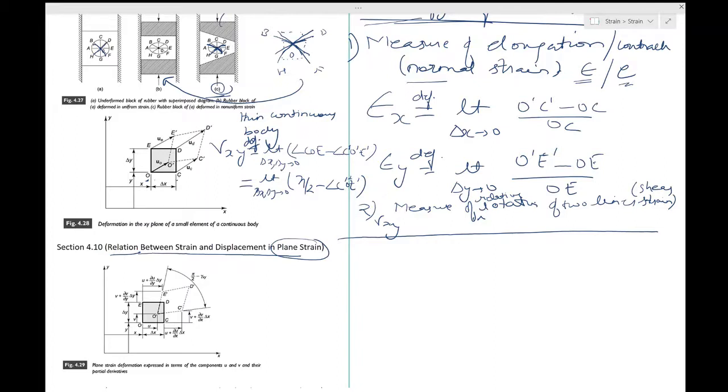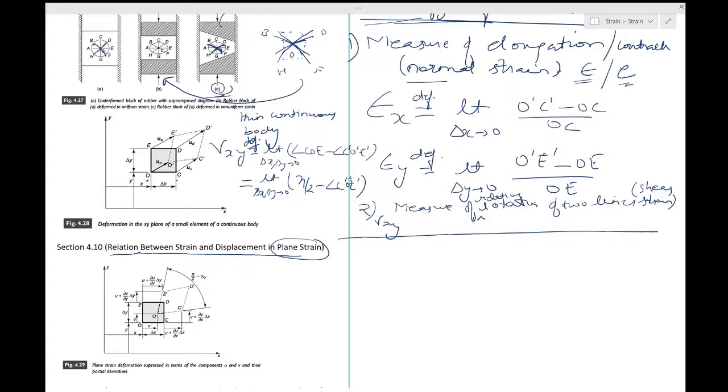There is one note which I should perhaps make over here. Remember, for plane stress, we required the body to be relatively thin. Well, for plane strain, you require your body to be really thick so that there is no displacement in the thickness direction.